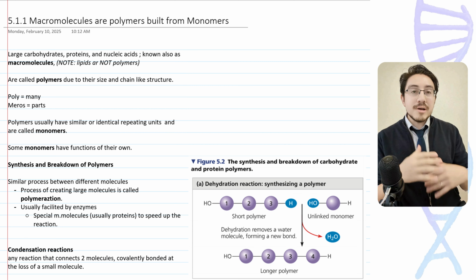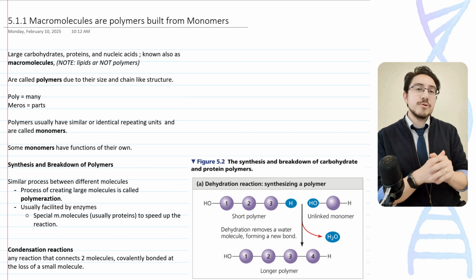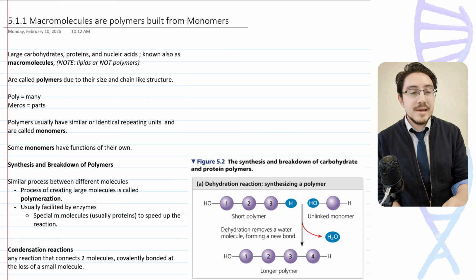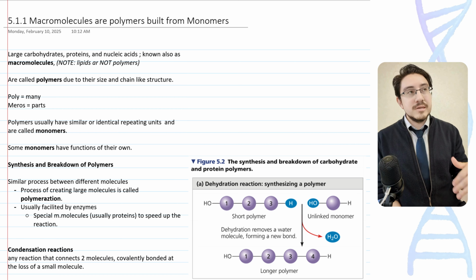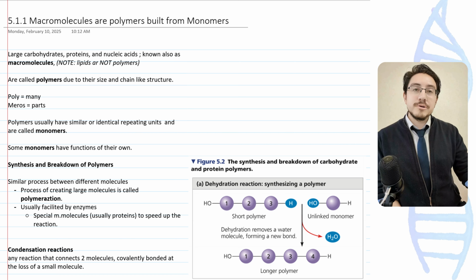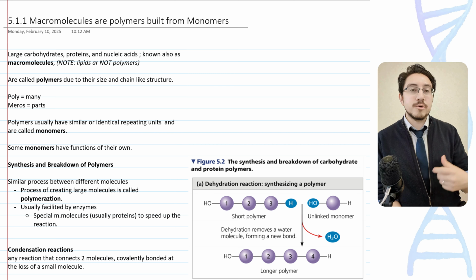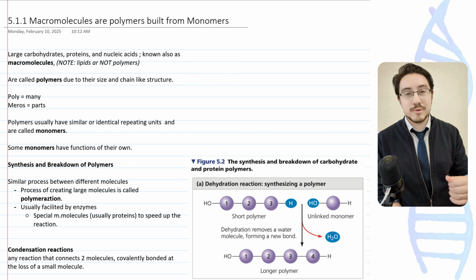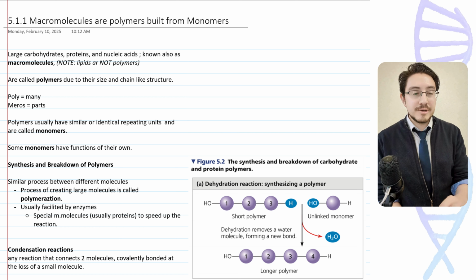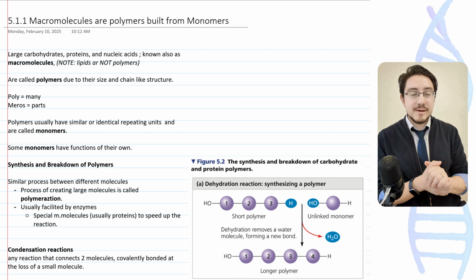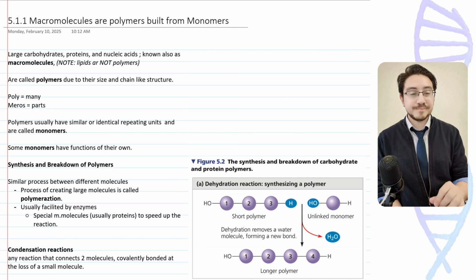That process of creating macromolecules is referred to as polymerization. This process of polymerization is usually facilitated by enzymes, which are a group of proteins. Again, this is something we're going to see later in the chapter. They're very special macromolecules, usually proteins, that help speed up a chemical reaction.